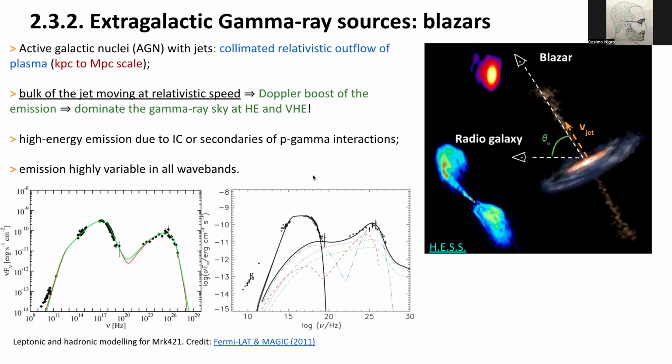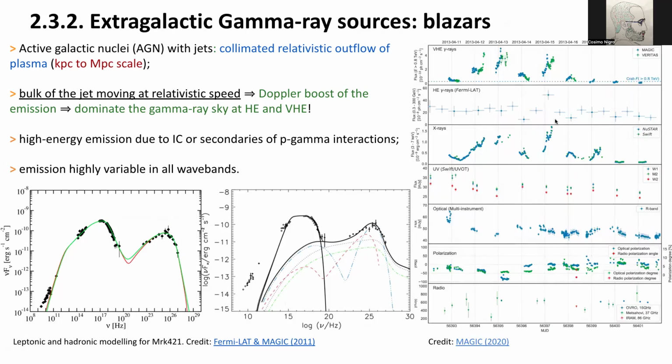Okay, and the emission is highly variable in different bands. You can see here Markarian 421. Actually, we will reproduce this light curve at very high energy, and as you can see, the flux as a function of time is very variable in all the bands in which we can measure it: radio, optical, X-rays, and very high energy gamma rays. Okay, so very bright, very strong, very variable sources.